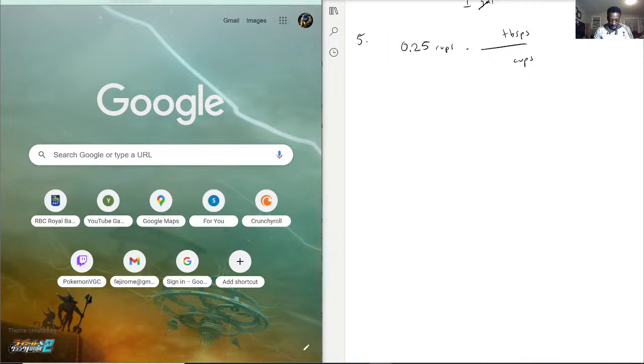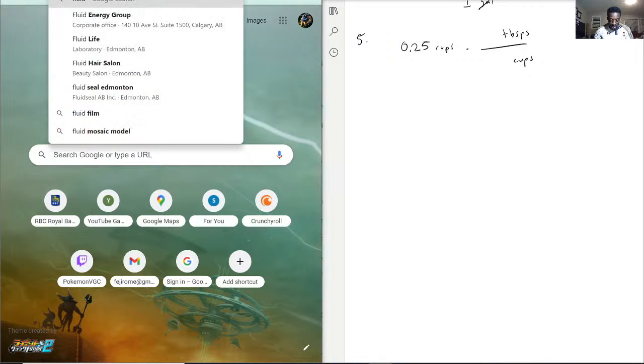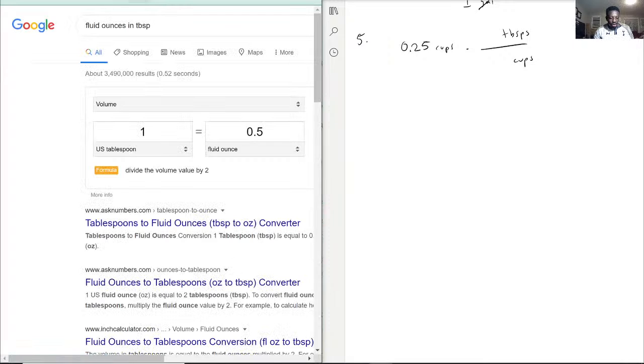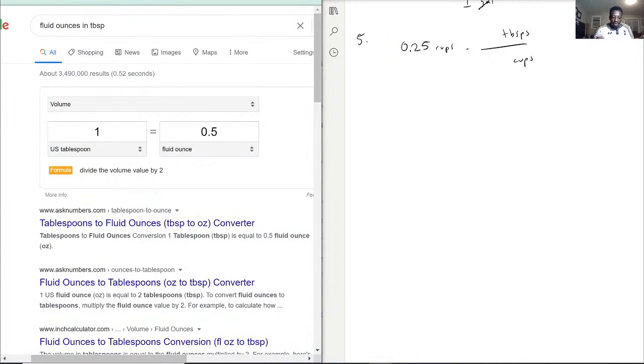So let's find out how many fluid ounces in tablespoons. The reason, 1 tablespoon is half a fluid ounce. So let's actually do this, because now it involves more steps, but this is just the importance of keeping with your units. So fluid ounces.